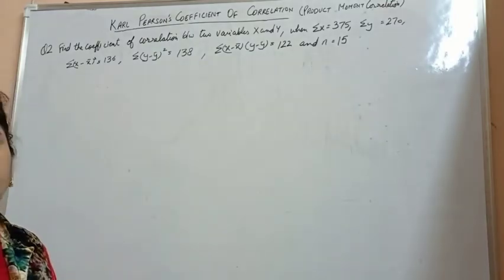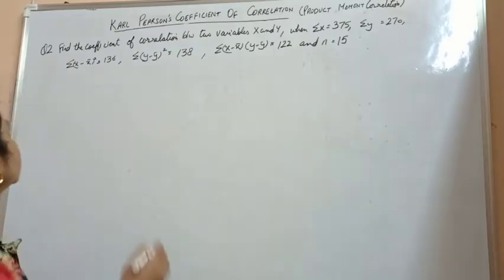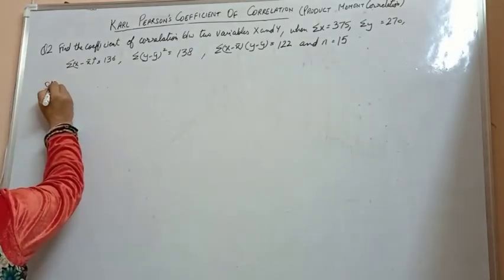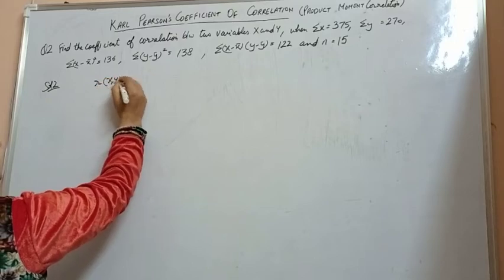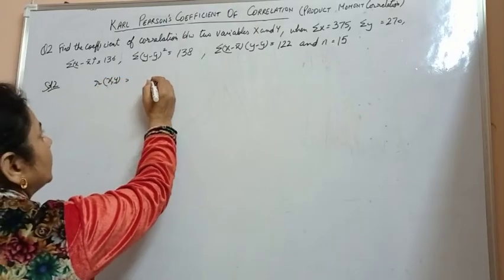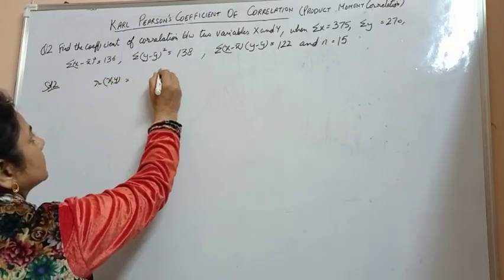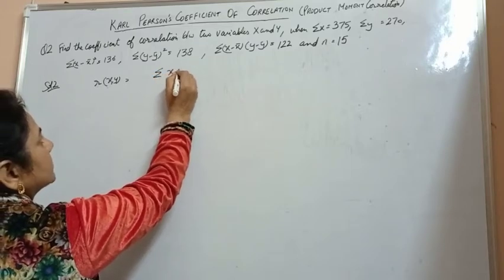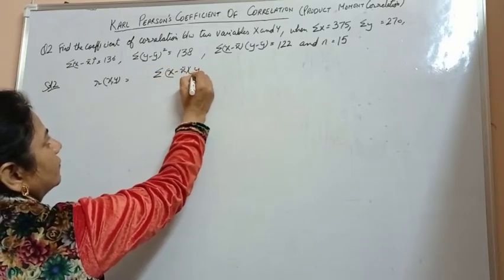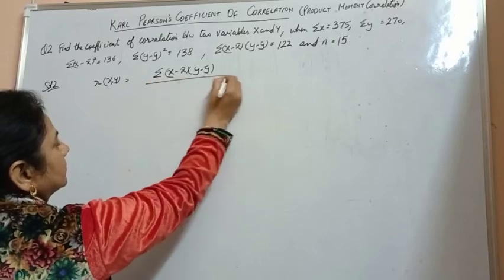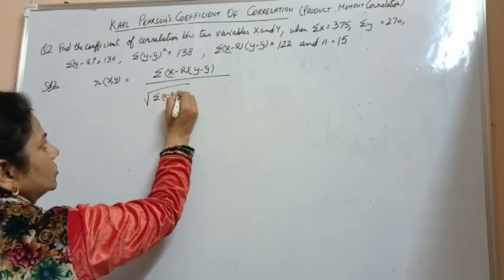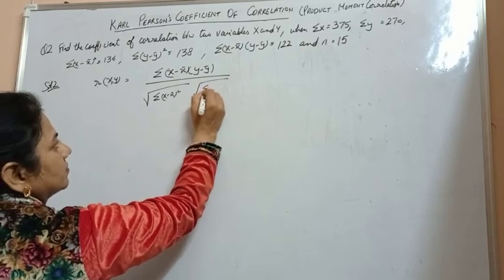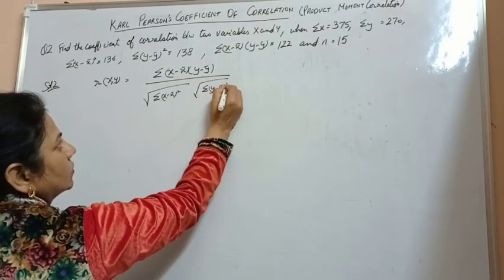So we know the formula. The formula for this is sigma (x minus x bar)(y minus y bar) divided by under root sigma (x minus x bar) whole square into under root sigma (y minus y bar) whole square.